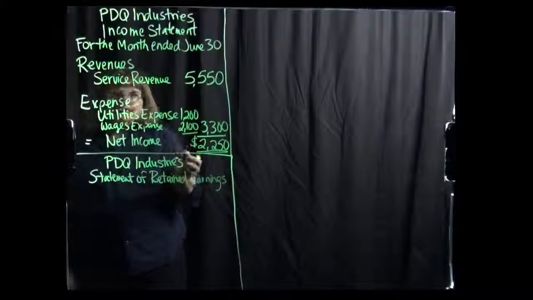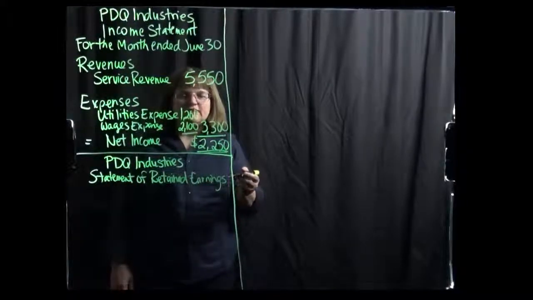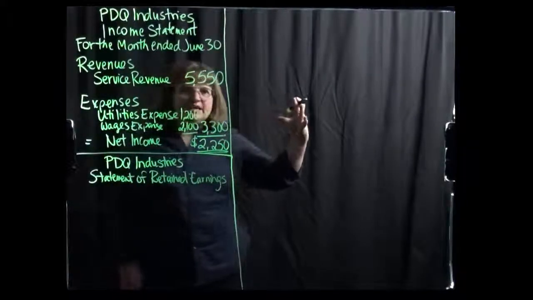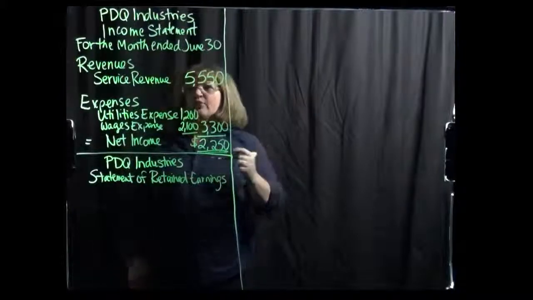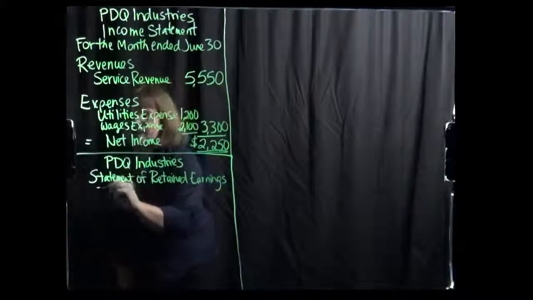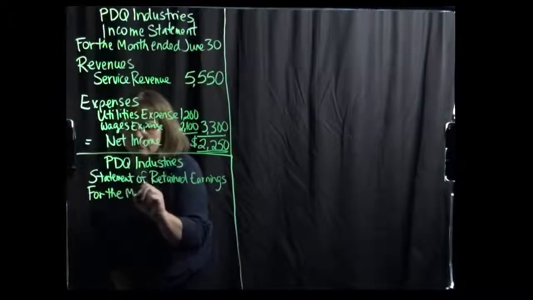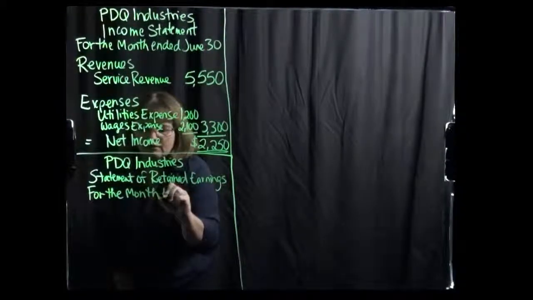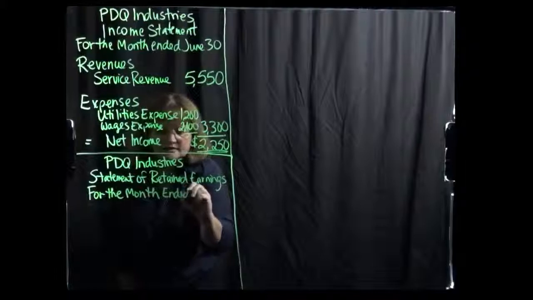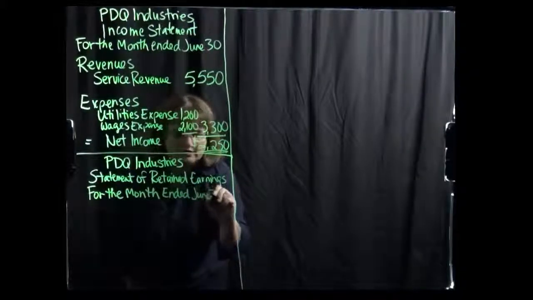And this, like the income statement, is a statement that covers a time period. It has a defined beginning point and a defined ending point. And so we are going to again write for the month ended June 30th.